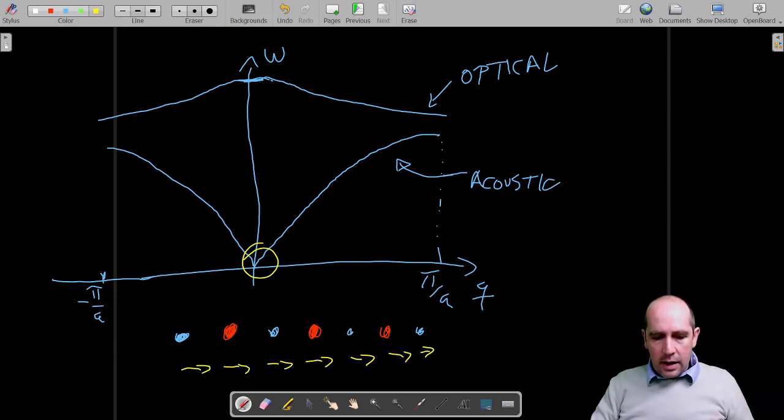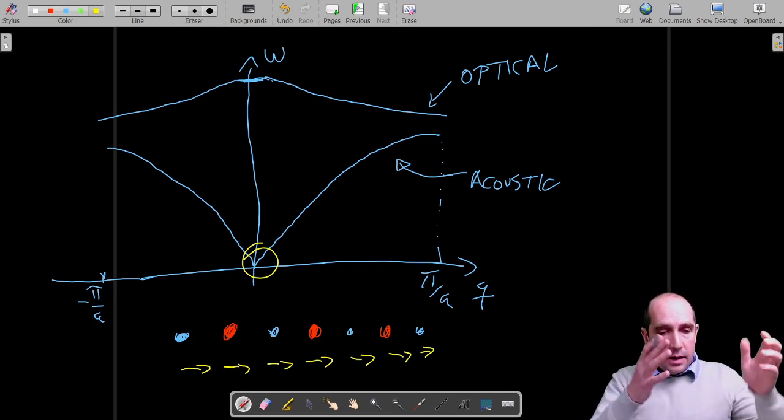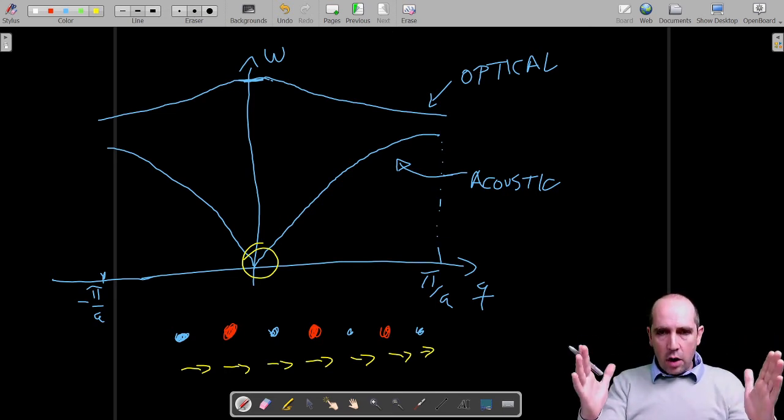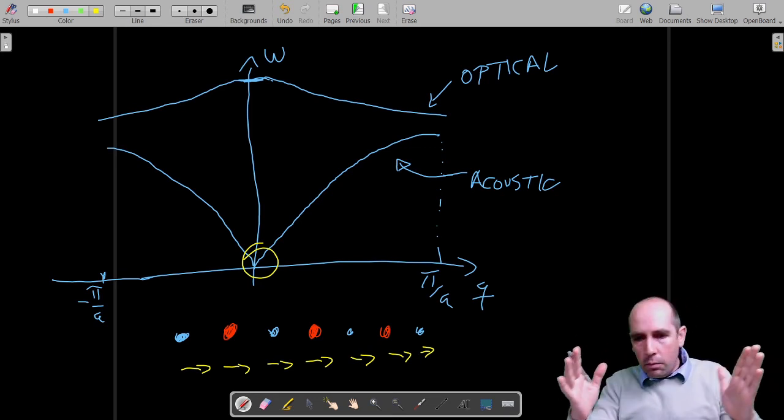And the motion of these atoms is essentially, you have long pieces of the chain or the lattice that move all together.